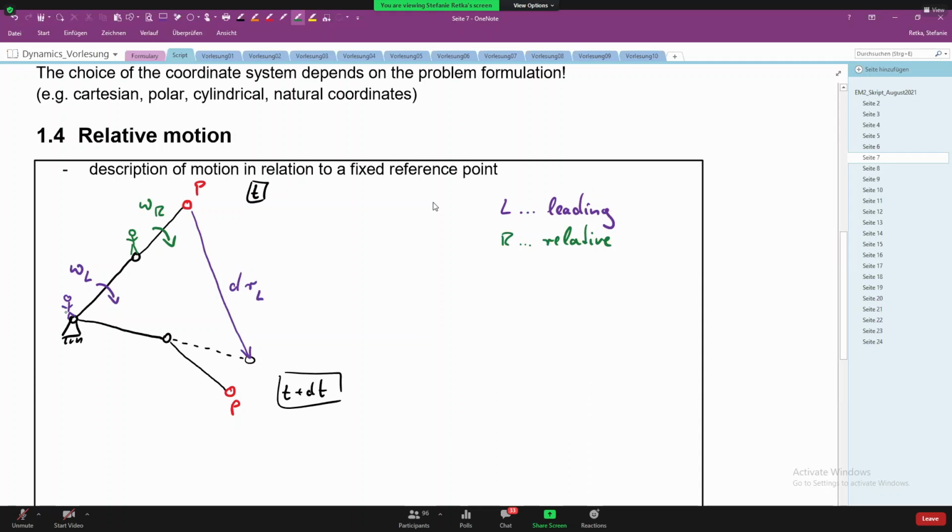Purple is a non-moving observer. And what this person sees is this change in position, dR_R. And of course, he also sees the change in angle, dphi_R.